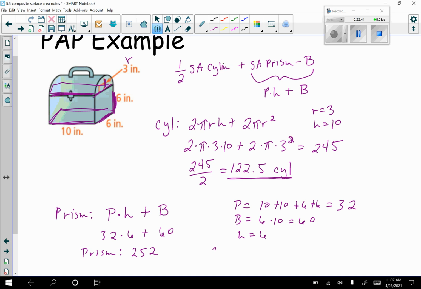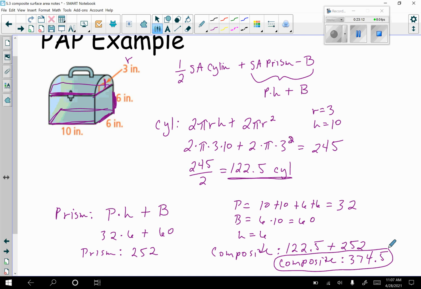So now the total area, I'm just going to call it composite, will be our half cylinder, so 122 and a half, plus this 252. So it's 374.5. All right, so there we go.